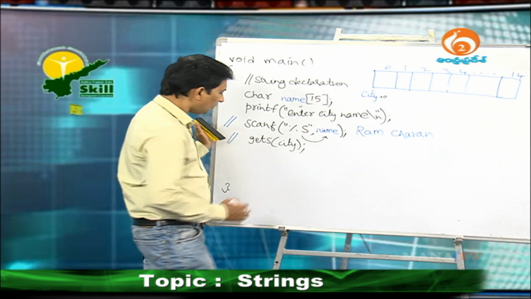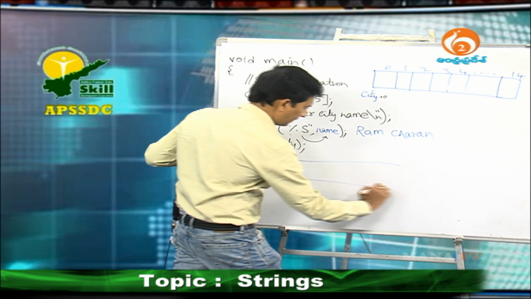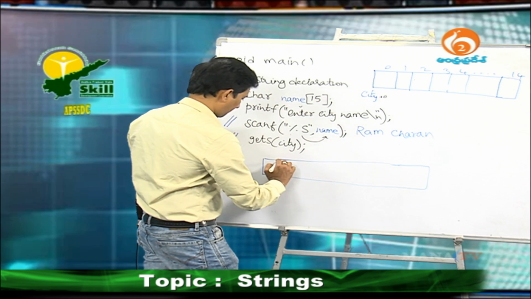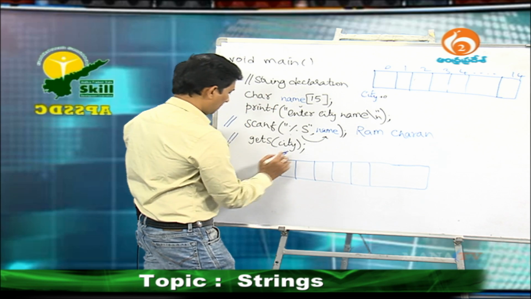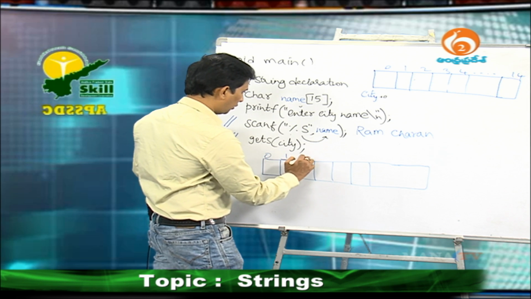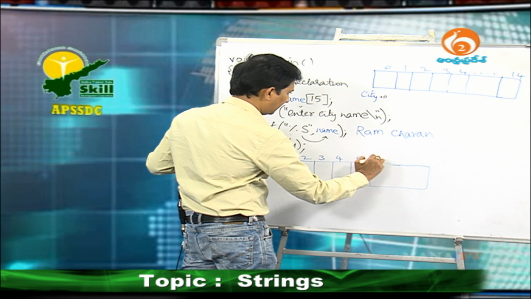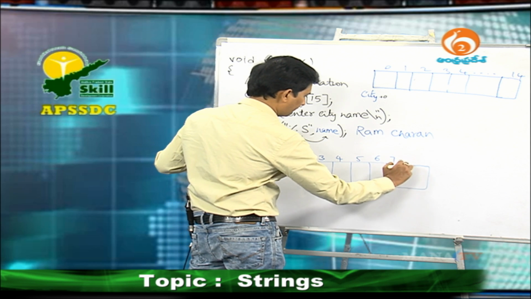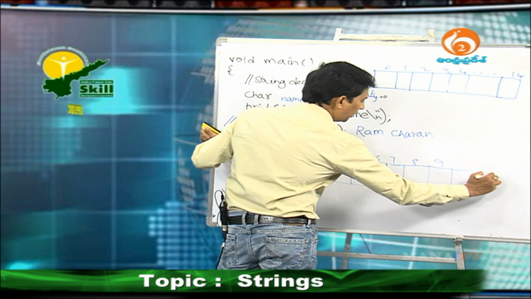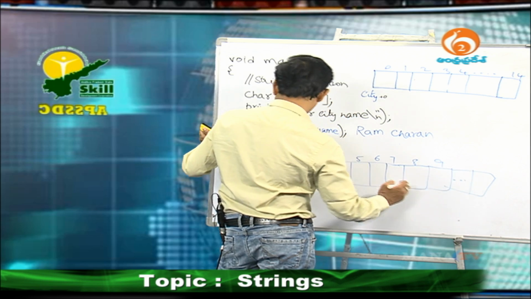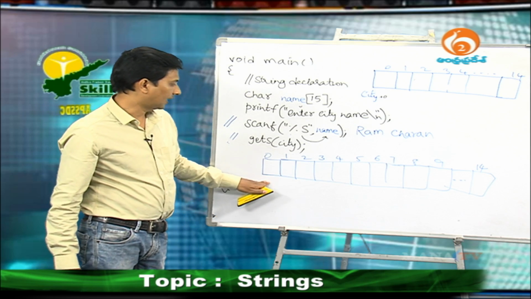So, we know that an array is created. The indexes are 0, 1, 2, 3, 4, 5, 6, 7, 8, 9, and so on, last is 14. It will be stored like this.